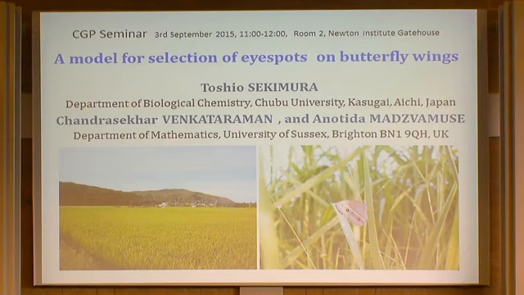The butterfly is somewhat dark, not so easy to find. But if we find the butterfly and look closer and closer, we can find a very beautiful eyespot pattern on this very, very small creature. So my title is related to this eyespot pattern.